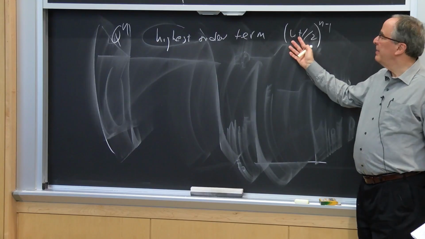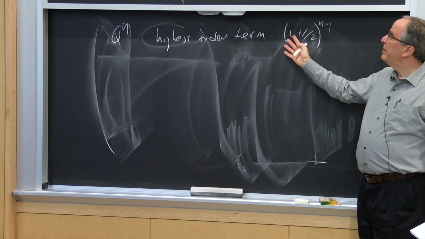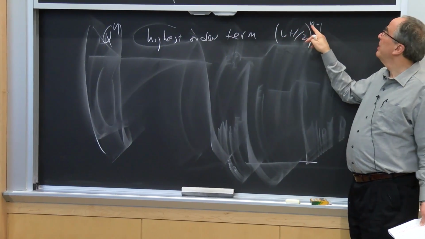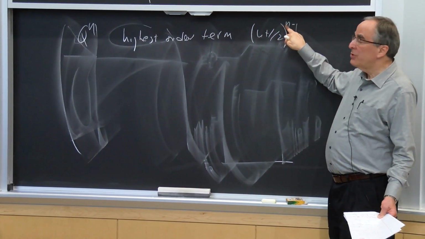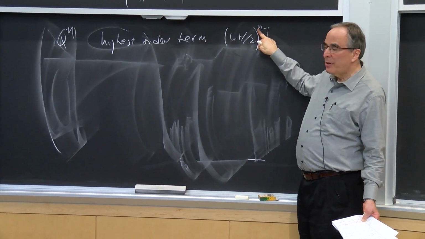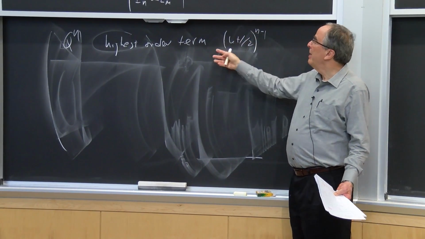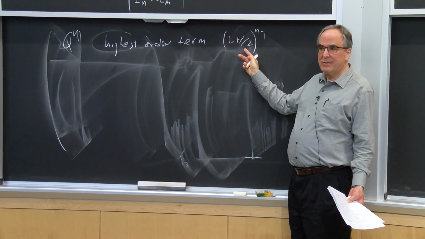The reason for that is, in the matrix element, the highest order term is v plus 1/2 to the n over 2, which for n equal 3 is 3 over 2. Then you square it, you get to the third power, and then the highest order term cancels.